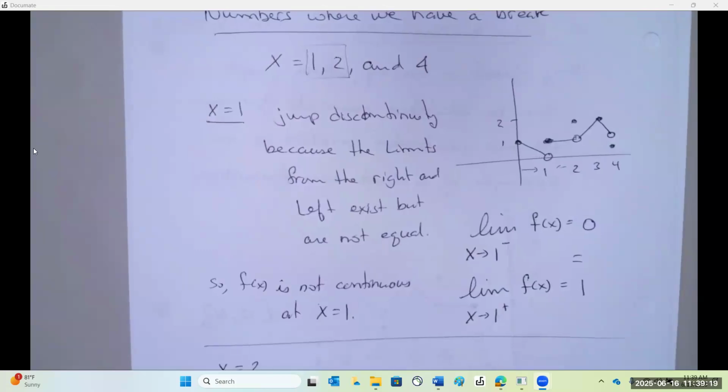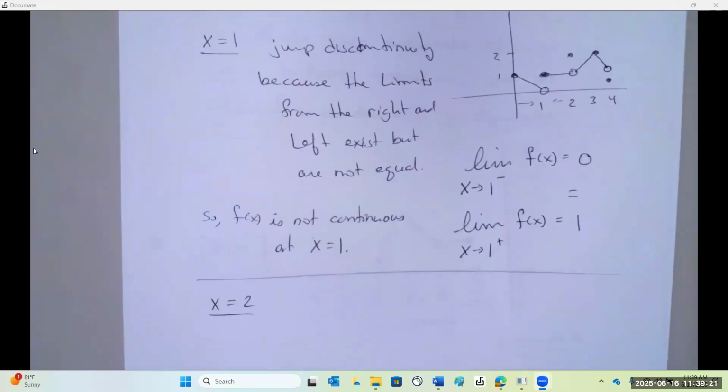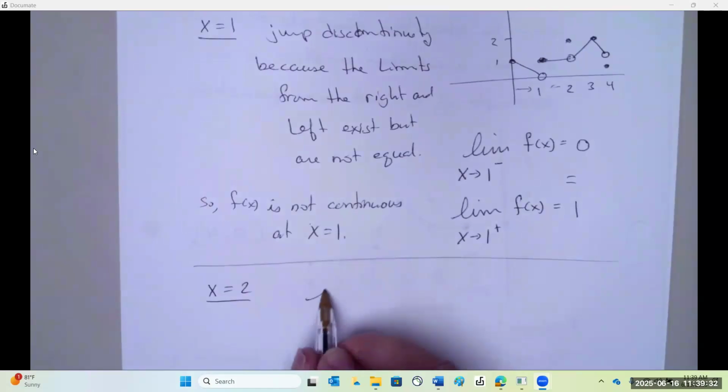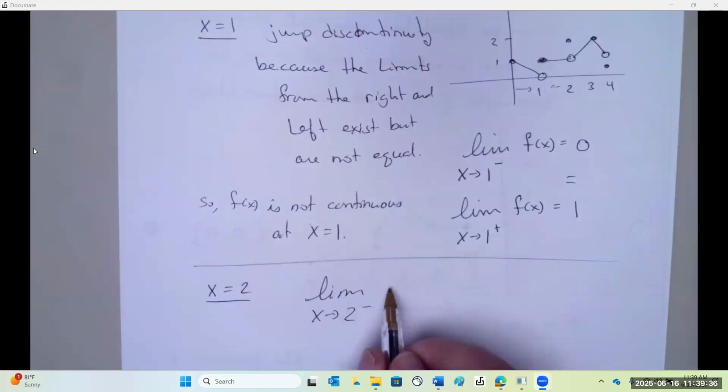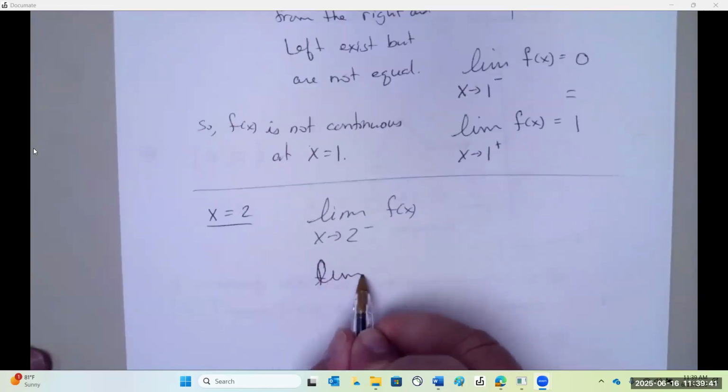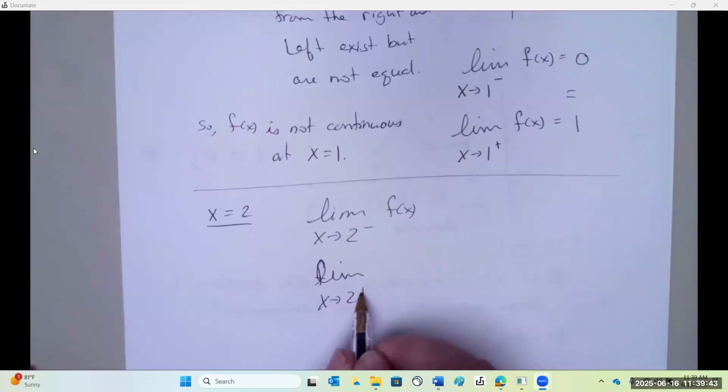At x equals 2. What do we know there? Do the limits approach the same value? Yeah. So here we have the limit as x approaches 2 from the left and the limit as x approaches 2 from the right.